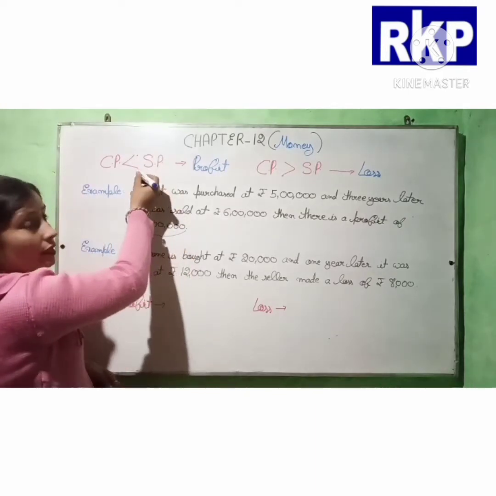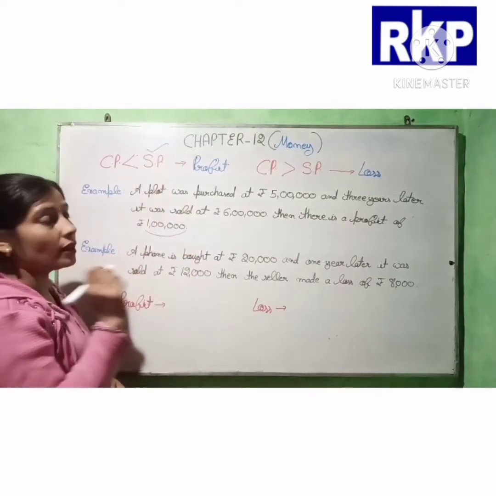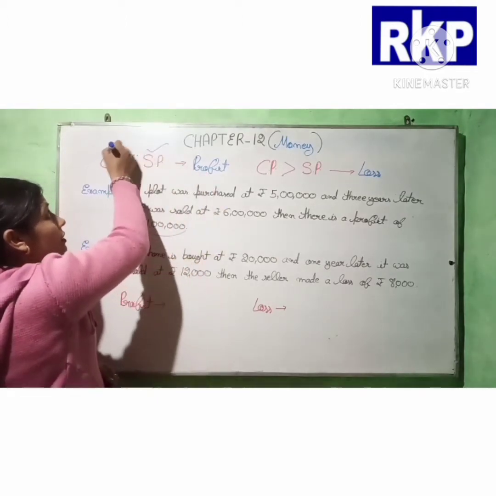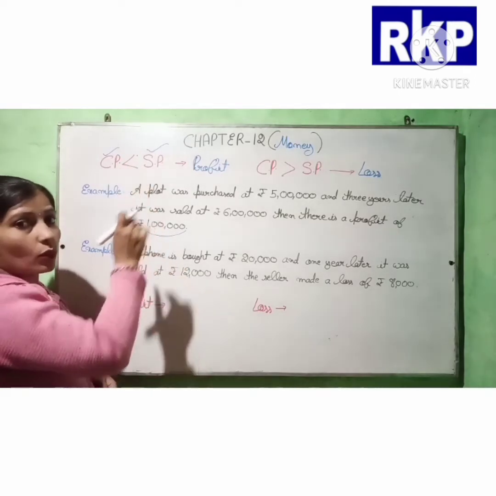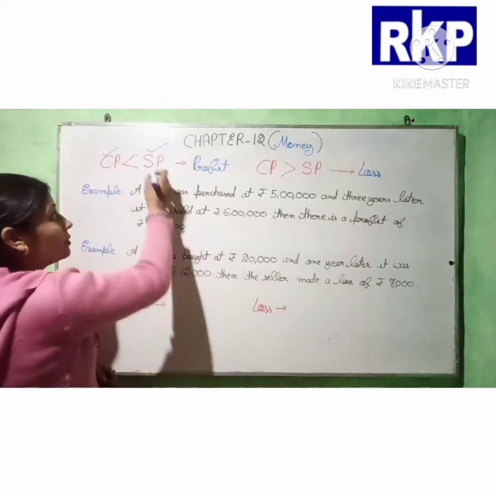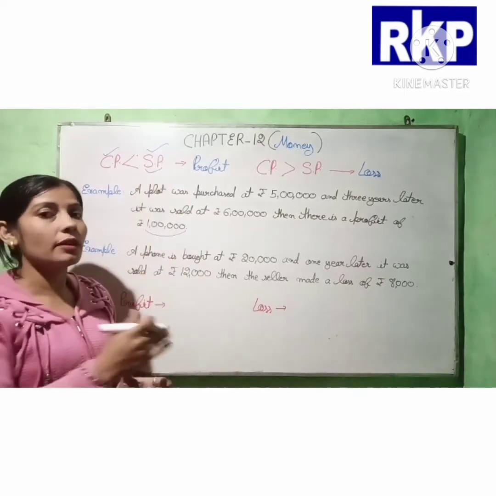Here you can see CP is less than SP. In the case of profit, CP, meaning cost price, is less. Cost price will be less than selling price, so selling price will be greater.